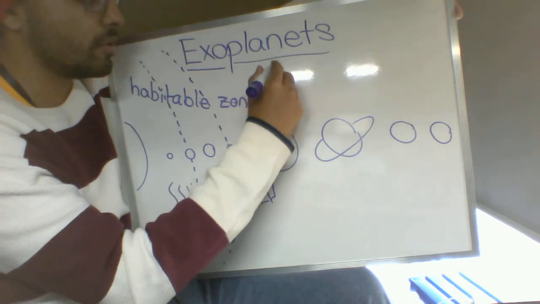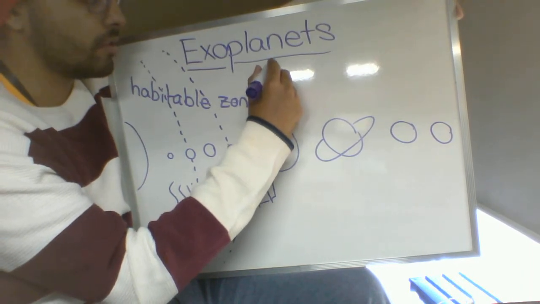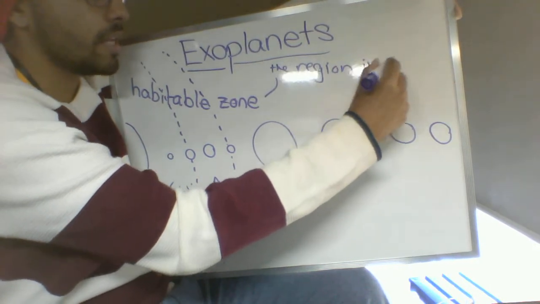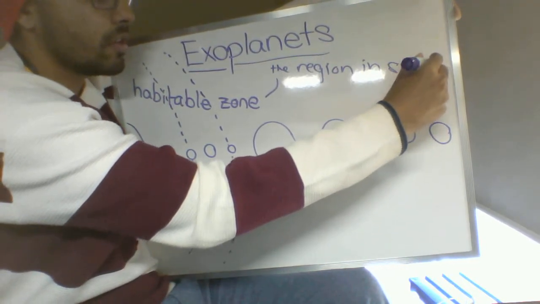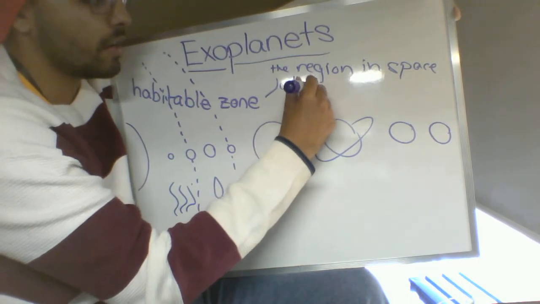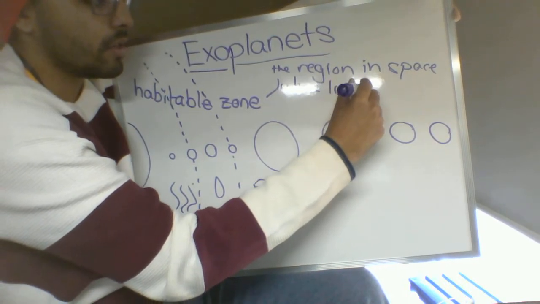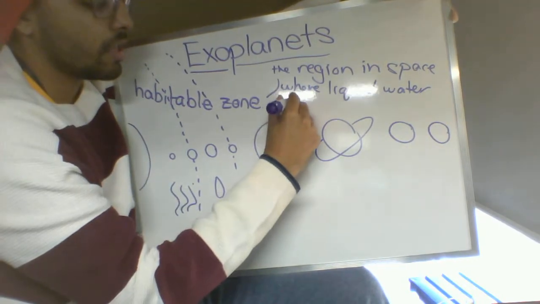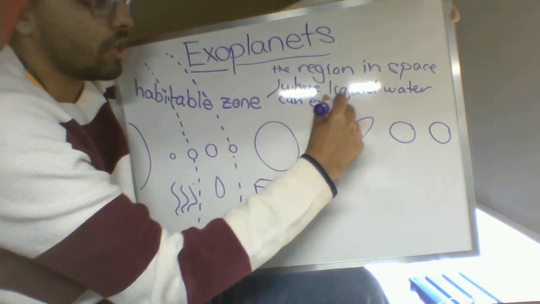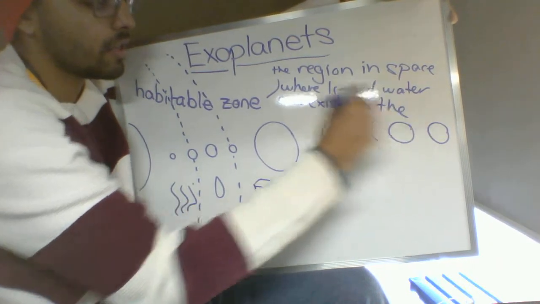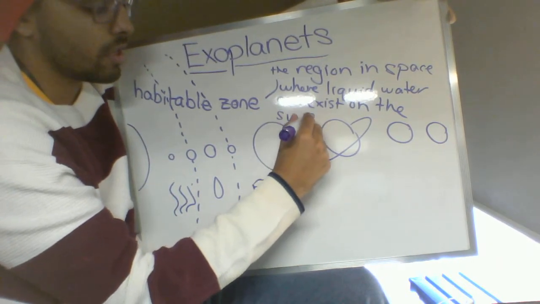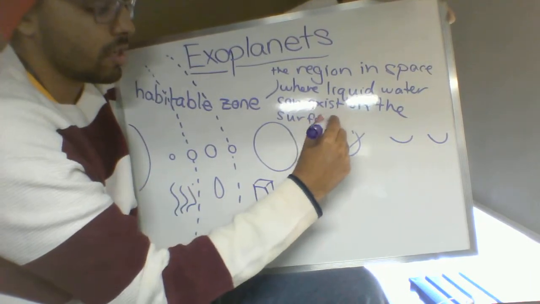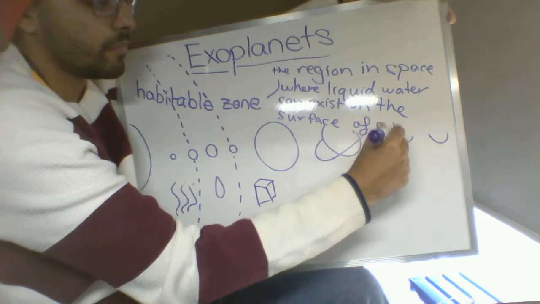So the habitable zone is the region in space where liquid water can exist on the surface of a planet.